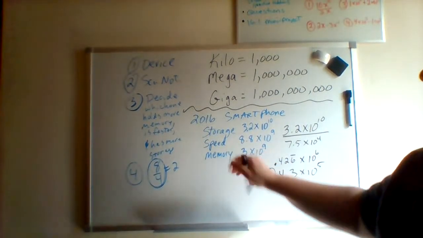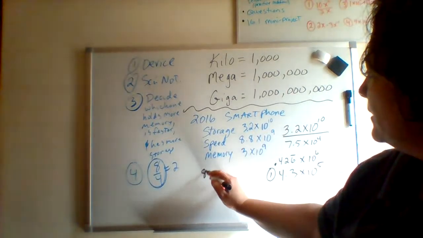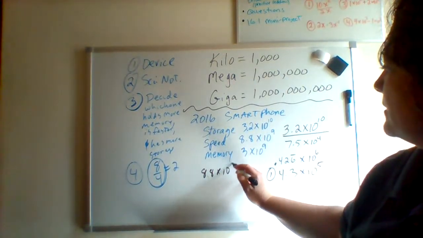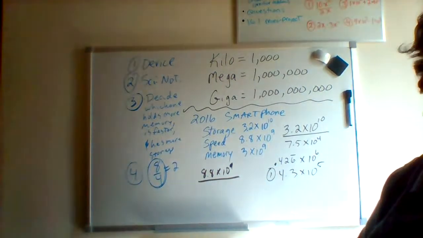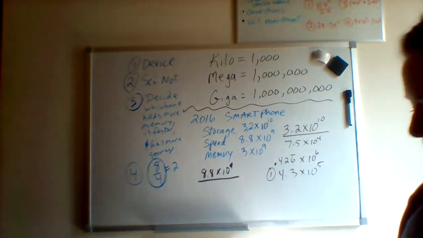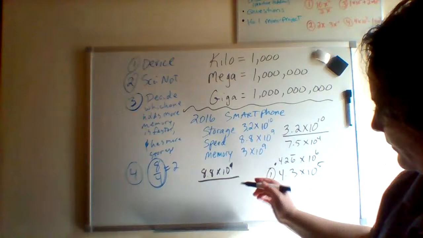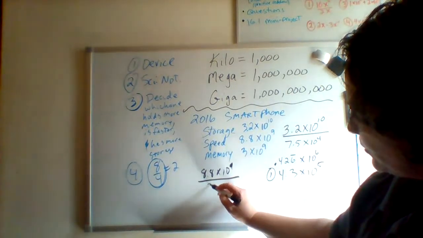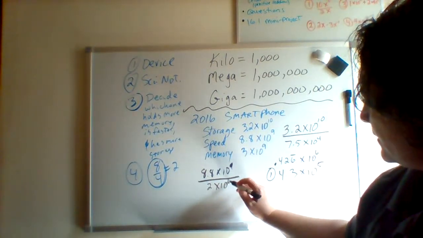Number 2 is speed. My speed, 8.8 times 10 to the 9th, divided by, what was the speed of the Apollo guidance computer? The speed of the Apollo guidance computer was 2 times 10 to the 6th.